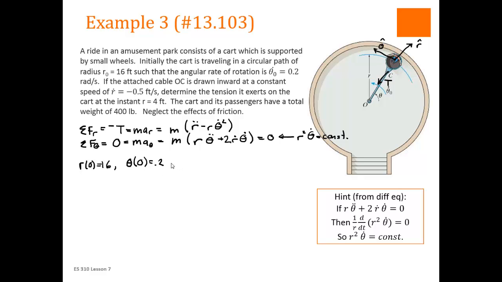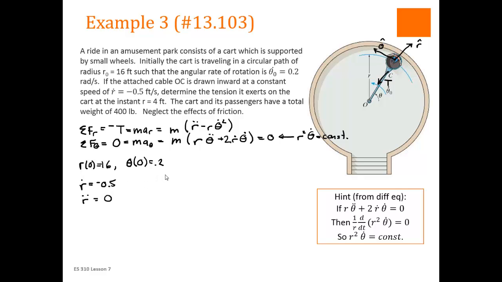So those are our initial conditions. We're also told that r dot is negative 0.5, and it's a constant, so r double dot is equal to 0.